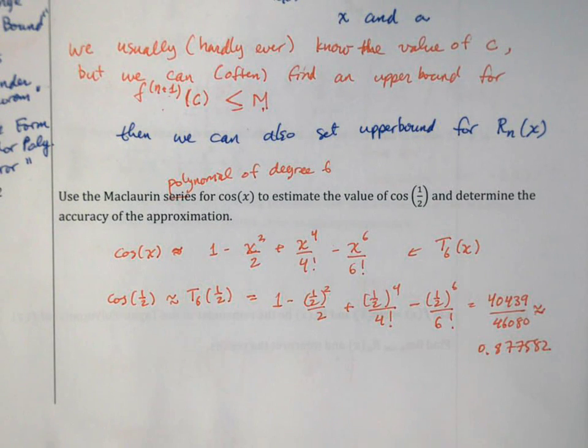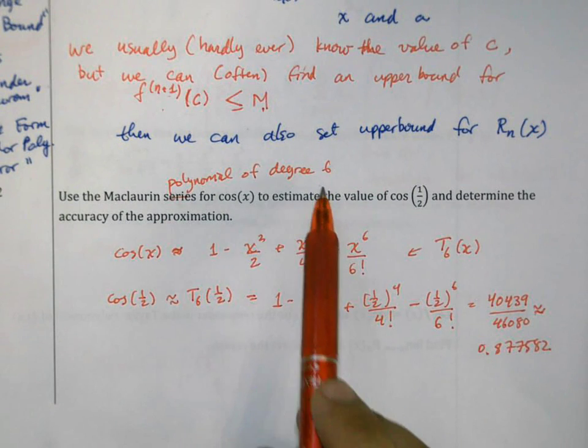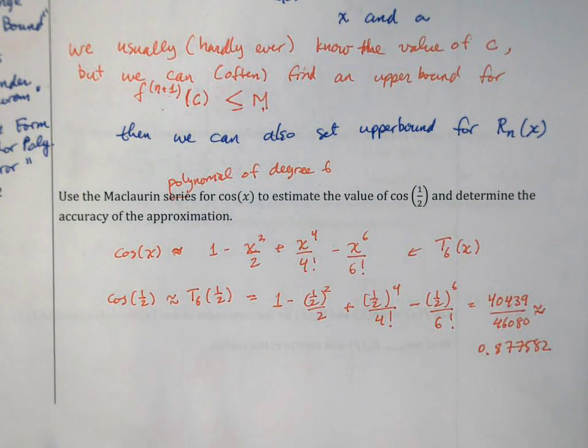This will be a repeating decimal for sure, because this is a rational number. Alright, so that's the approximation of cosine of 1/2 using the Maclaurin series with a polynomial of degree 6.